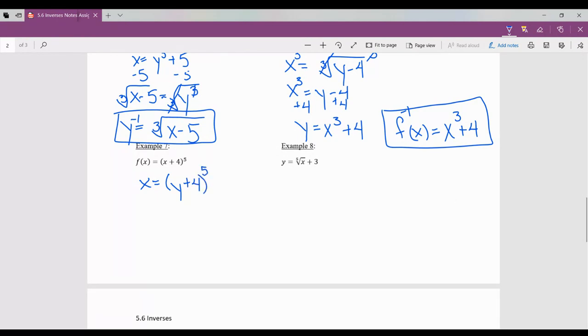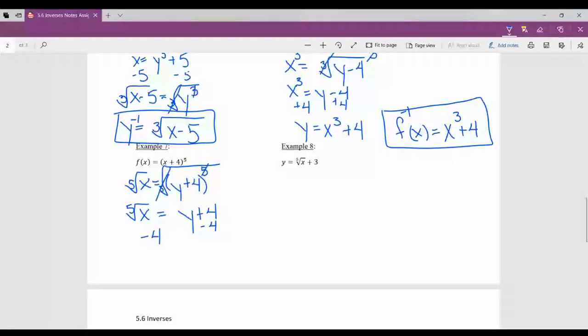This whole entire right-hand side is being raised to the 5th. So the thing that gets rid of an exponent of 5 is a root of 5. So what we do to one side, we got to do to the other. So if we do the 5th root, we do it on both sides. Now the 5th root and the exponent of 5 are going to cancel. So we get the 5th root of x is equal to y plus 4. And I want to solve for y, so I'm going to minus 4.